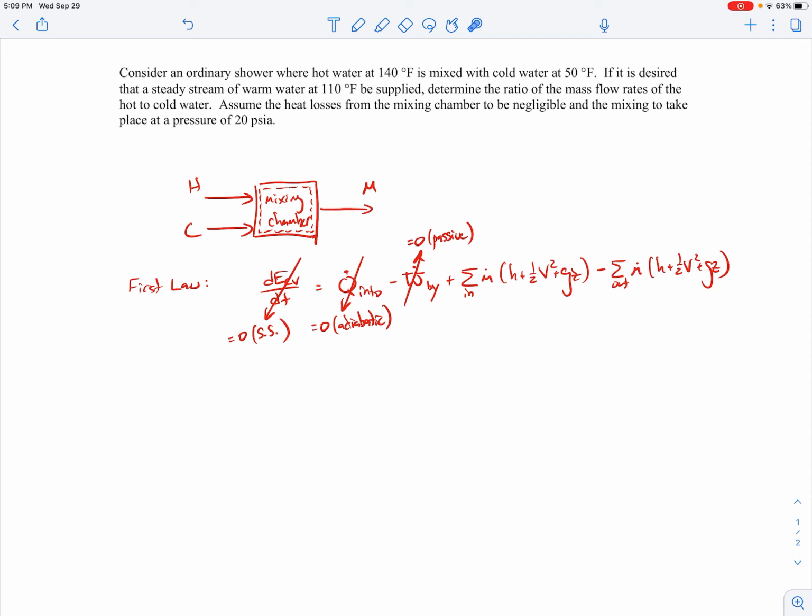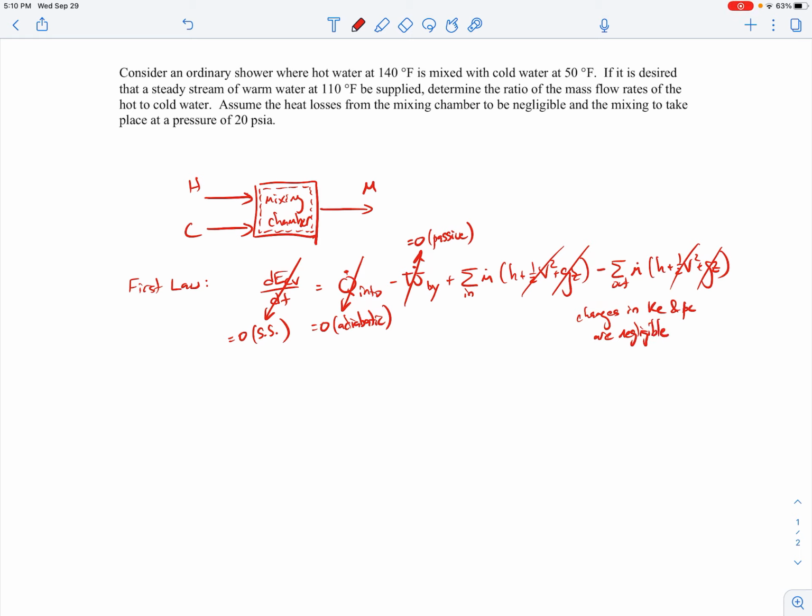Typically with a shower mixing chamber, you don't have large changes in elevation, so the potential energy terms would cancel out. Similarly, there are no large changes in kinetic energy typically. So changes in kinetic energy and potential energy are negligible.